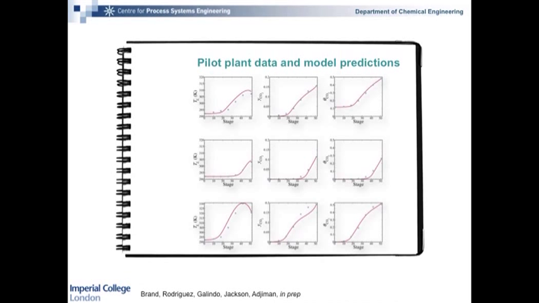And so we have here the liquid temperature as a function of the stage in the absorber. So as you go through the absorber, the mole fraction of CO2 in the vapor and the amount of CO2 in the liquid. And you can see that in these different pilot plant runs, we get good predictions of what the behavior of a process is. Okay, so we're doing well for MEA as a solvent, for monoethanolamine.